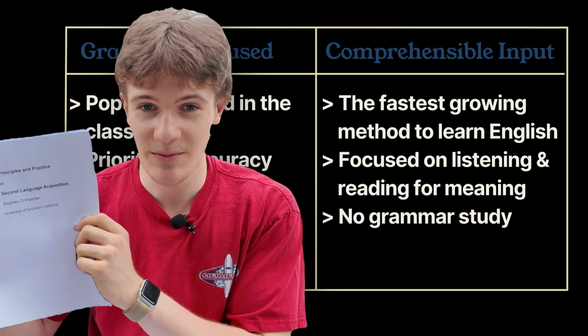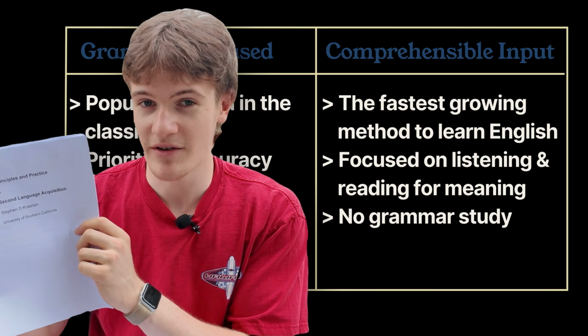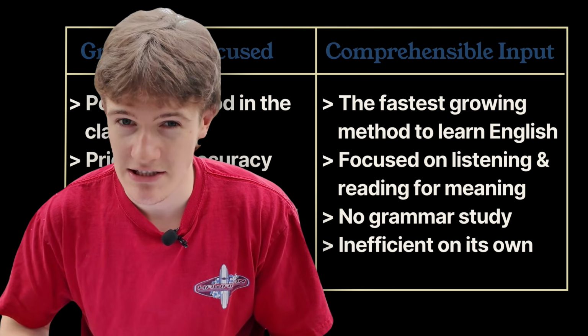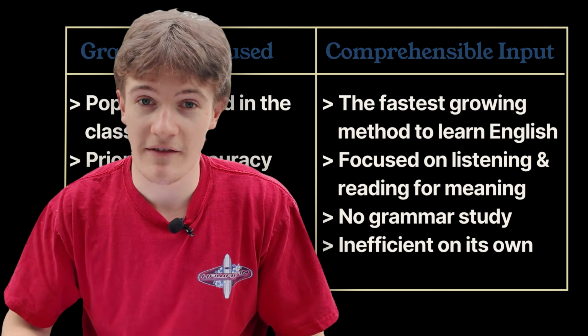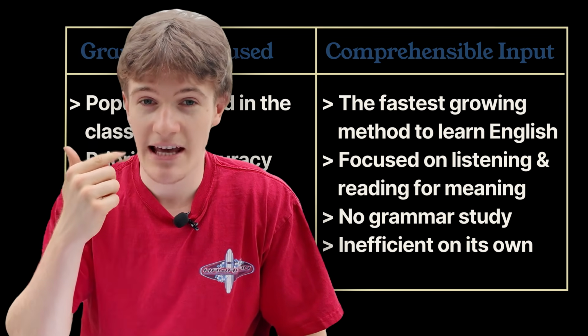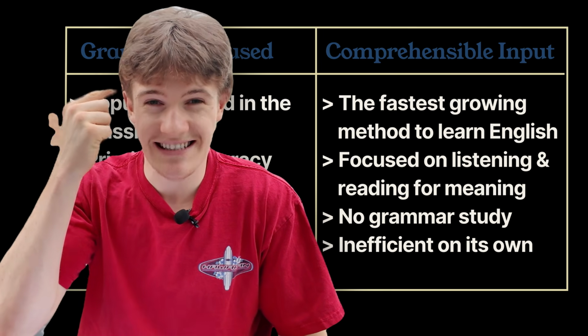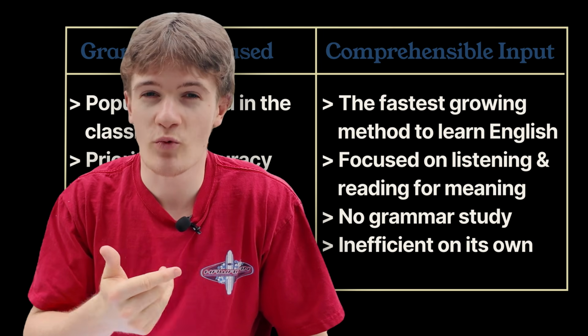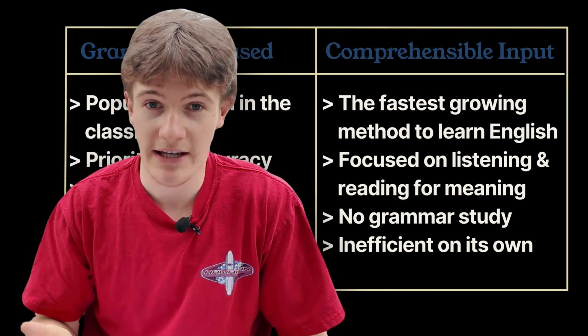As great as comprehensible input is, it's not perfect. And here's why. It requires a lot of hours of just trying to understand. And oftentimes, learners face the same errors. They see the same tenses, but they still don't understand what it's talking about.